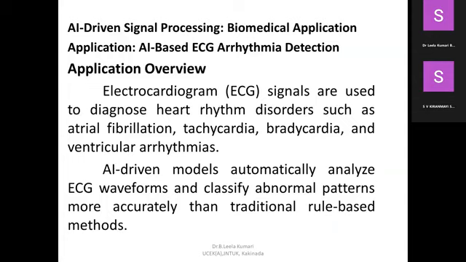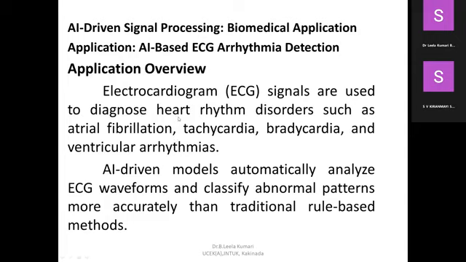The AI-driven model automatically analyzes ECG waveforms and classifies abnormal patterns more accurately than traditional rule-based methods. The signal processing steps in AI-driven signal processing for this application include pre-processing, feature extraction, and classification.